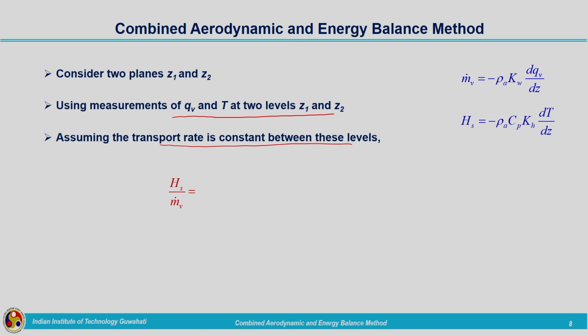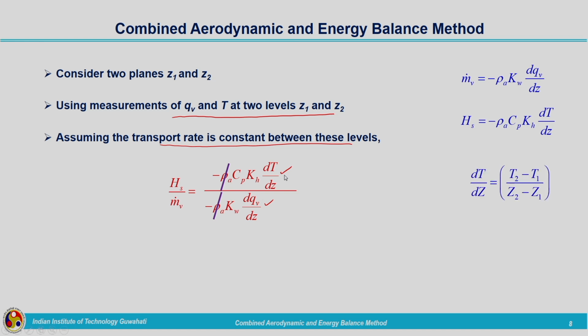Substituting, certain terms will cancel: minus rho a divided by minus rho a cancels. Now, looking at the numerator and denominator, we have two gradients: the temperature gradient, dT by dz, and the specific humidity gradient, dQv by dz.